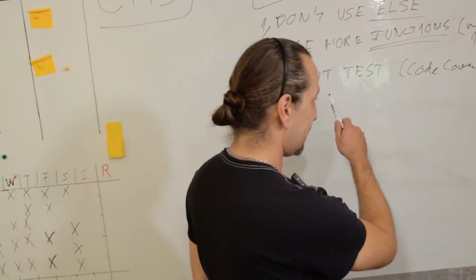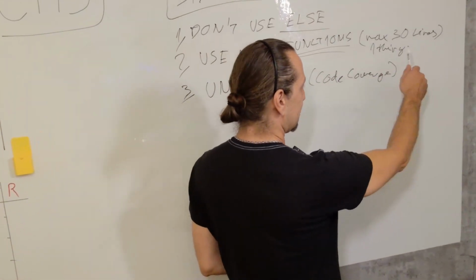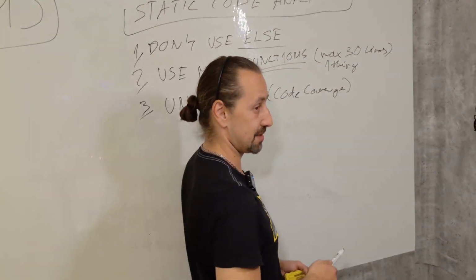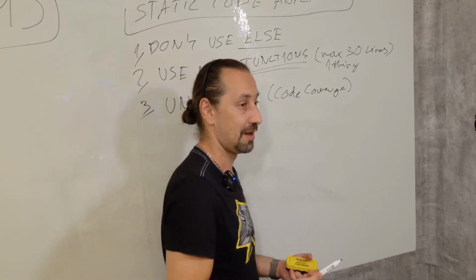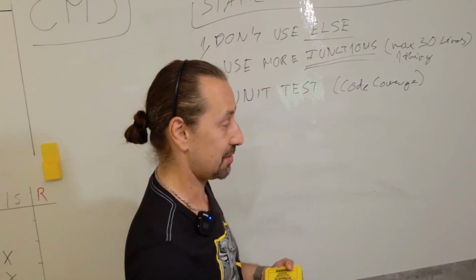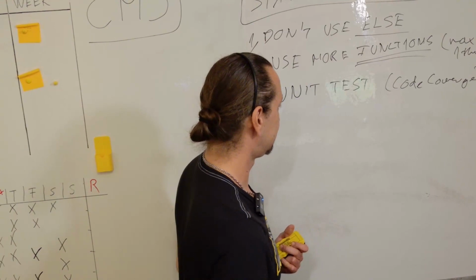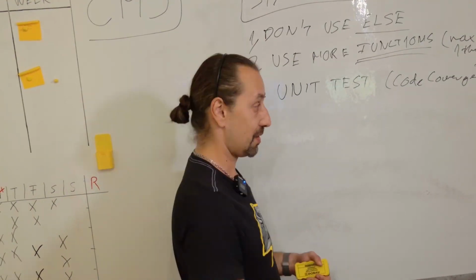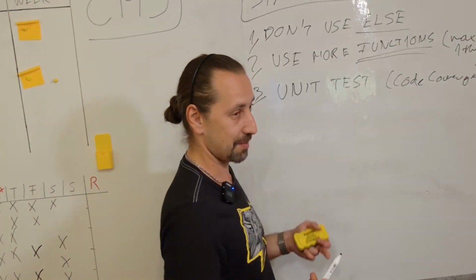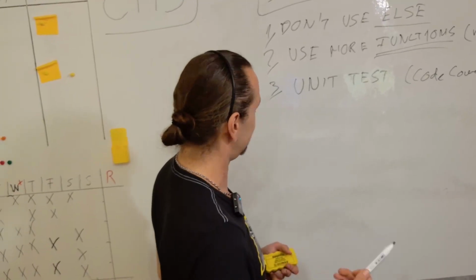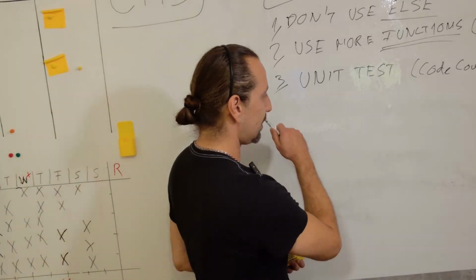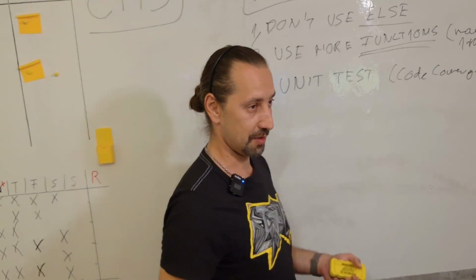And if you are focusing on functions with less than 30 lines, or basically a function doing only one thing, then you are better doing your job. And the third part is the unit tests.